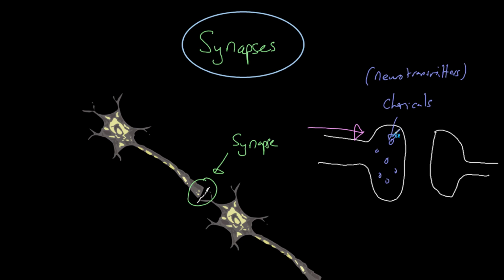They are released into this gap, known as the synaptic cleft, and the chemicals will then eventually hit this new neuron.